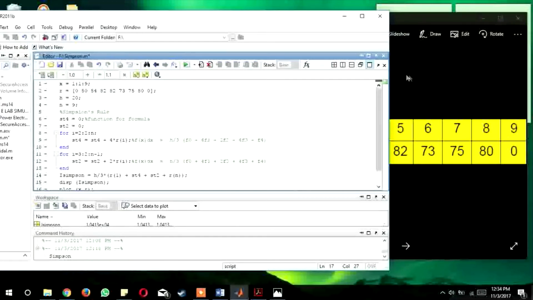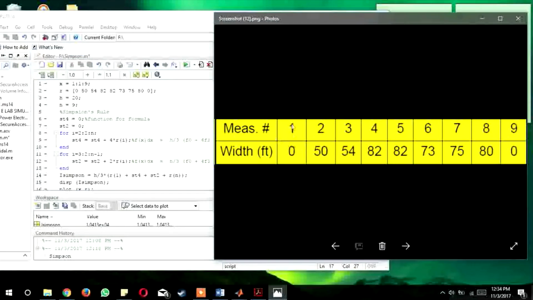It means it starts from 1, and the second number is the step to the next number. So we go from 1 to 2 to 3 and so on until 9, where 9 represents the last number.